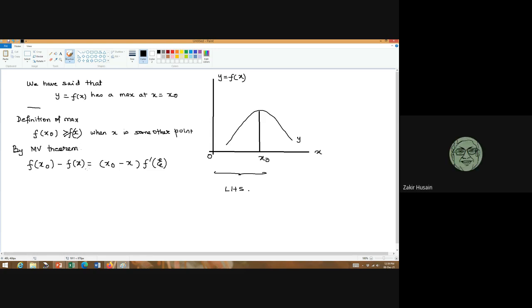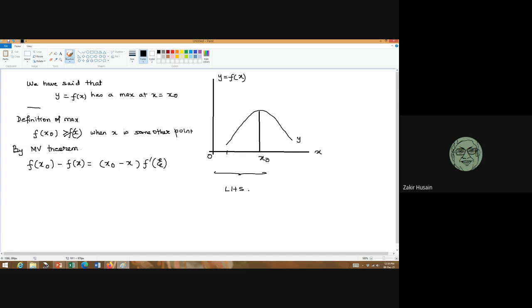By the mean value theorem, we have this. And this was on the right-hand side. We just brought it to the left-hand side. So I've just written the mean value theorem. Okay, now let us focus on the left-hand side.